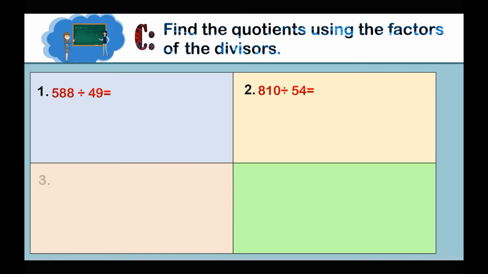Number 3, 1782 divided by 81. Number 4, 2,520 divided by 126. Let's find the quotients using the factors of the divisors.